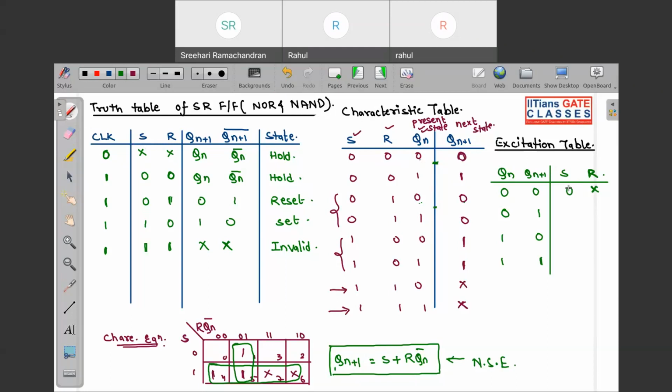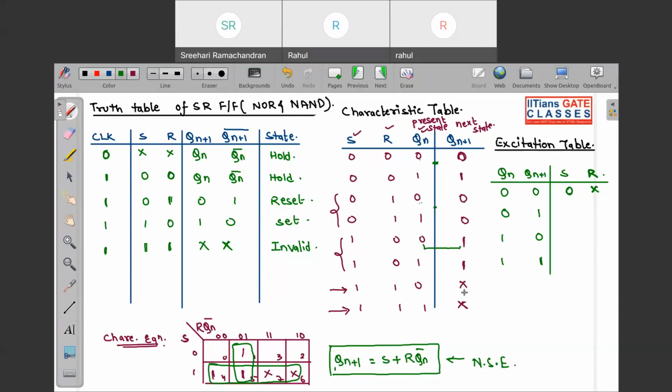Sorry, I told you guys I am struggling a little bit today with cough and cold, okay. So look, next, where we have Qn 0 and Qn plus 1 as 1. So we have 0, 1 at this place. Any other place that we have 0, 1? No other place we have 0, 1.